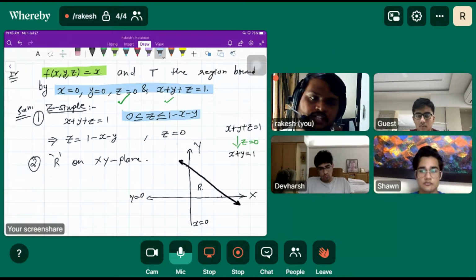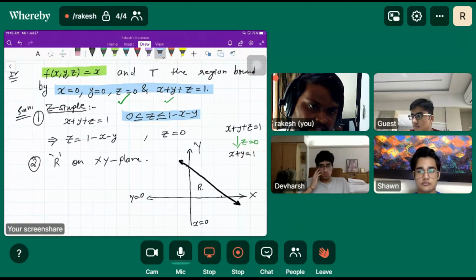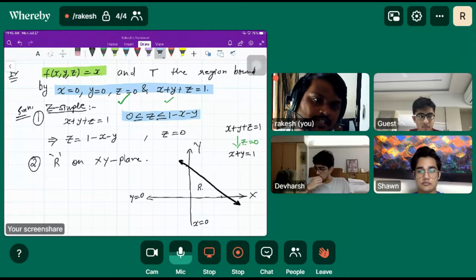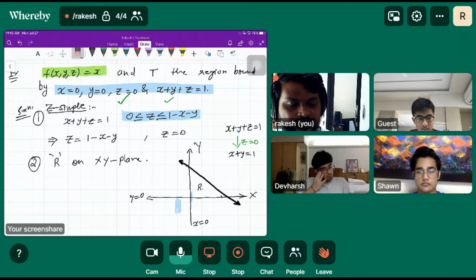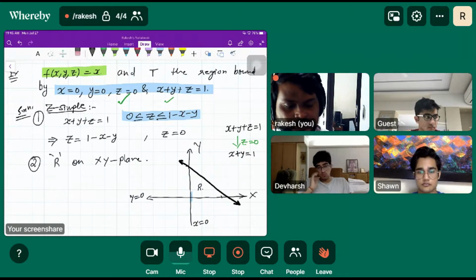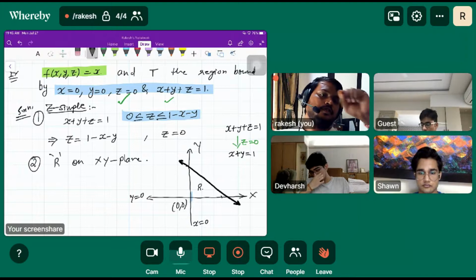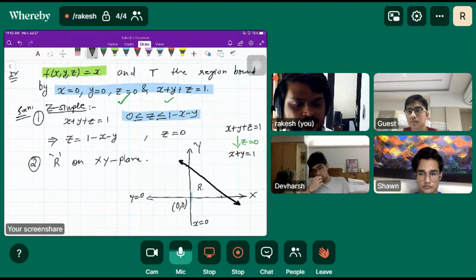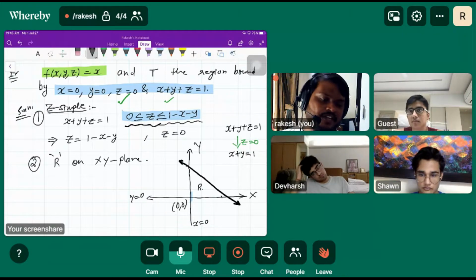Once we draw the region R, choose any point on the region, let's say 0 0. That's simple to plug in for x and y. If you put 0 0 in this equation, that will definitely tell you our upper limit and lower limit.